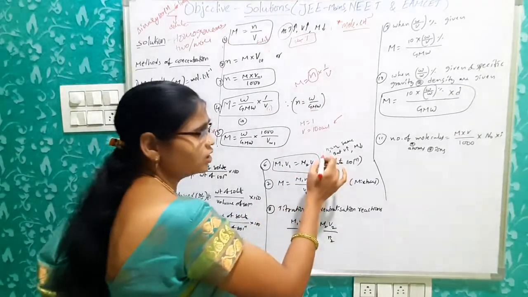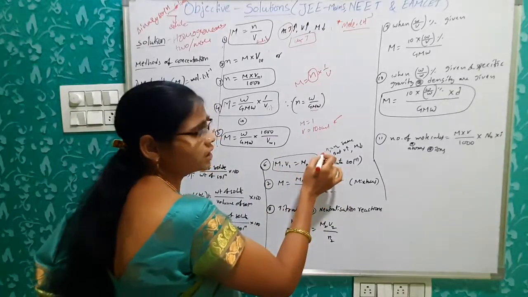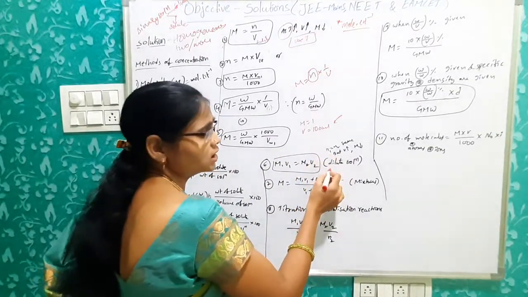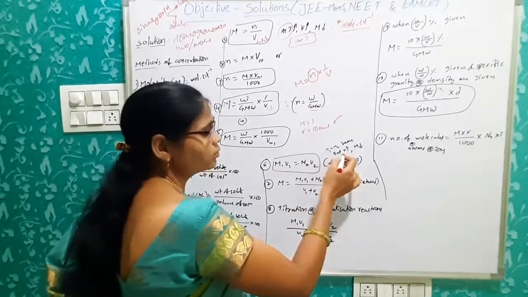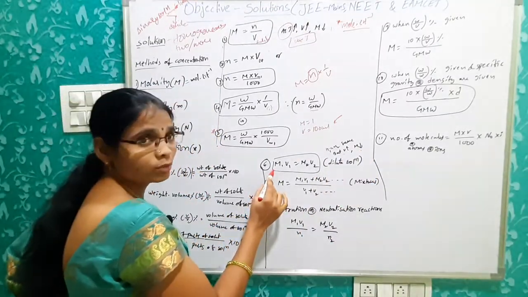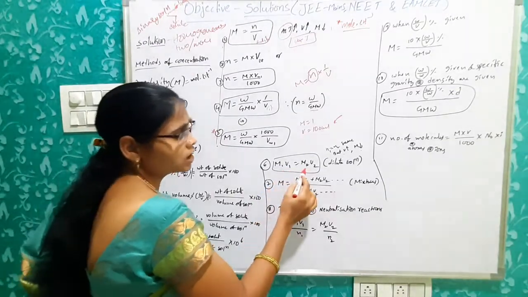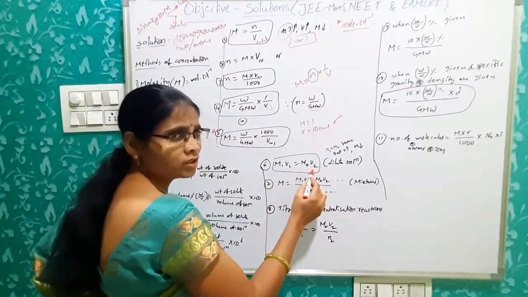After adding water, there is no change in the number of moles N, but by dilution, volume increases and molarity decreases. Here M1 is the molarity before dilution, V1 the volume before dilution, M2 the molarity after dilution, and V2 the volume after dilution.